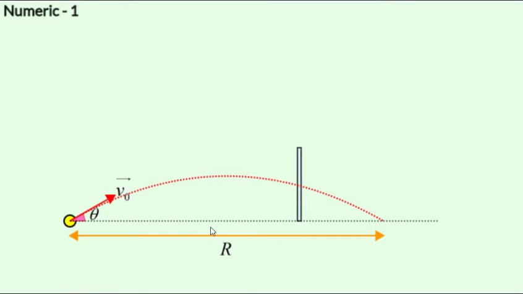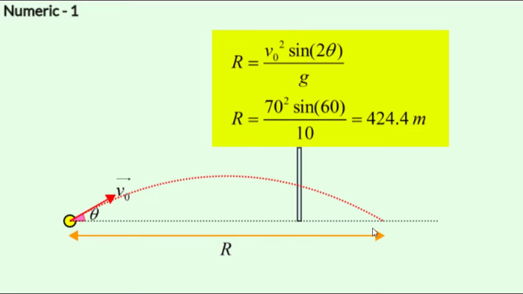So this is the entire range that we have to compute. This is r. And r is v0 squared times sine of 2 theta over g. Now substituting 70 for v0, 30 for theta, so 2 theta would be 60, and g is 10, we obtain the range as 424.4 meters.